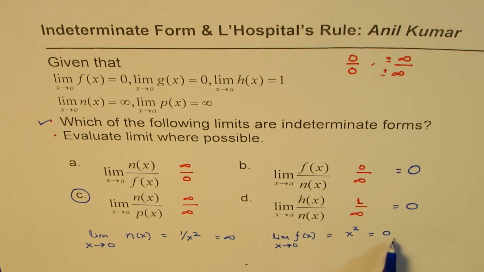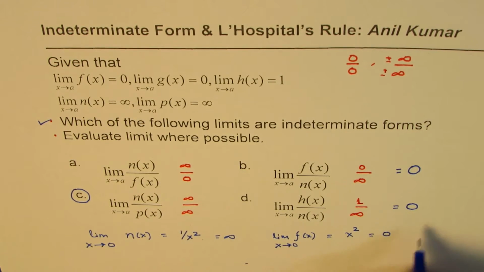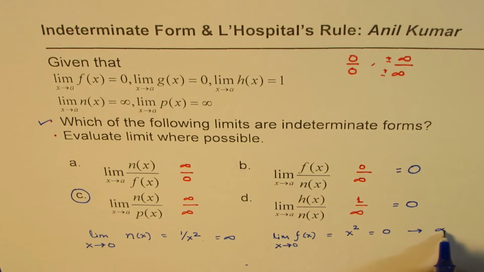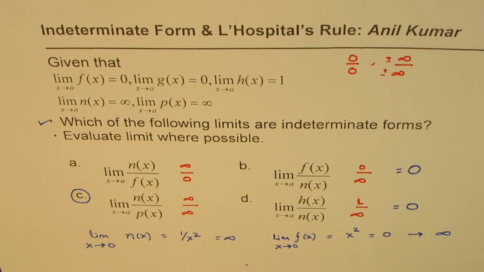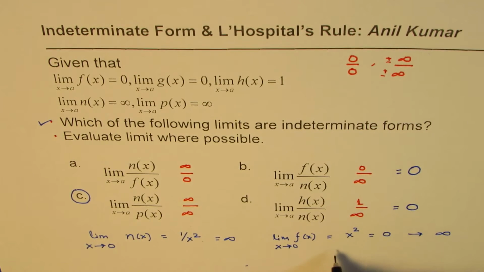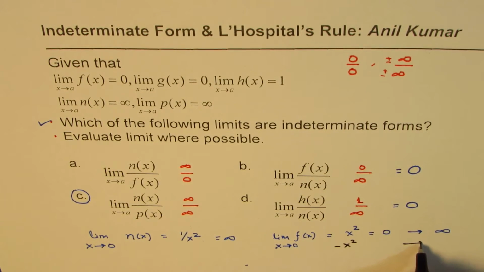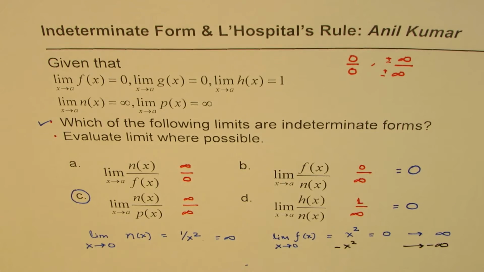Now if that is the case, what do we get? We get infinity as our answer. So in this case, it results in infinity. However, if I change this situation and say my function is not x squared, but minus x squared, in that case, we may get minus infinity as our result, as you can see here.